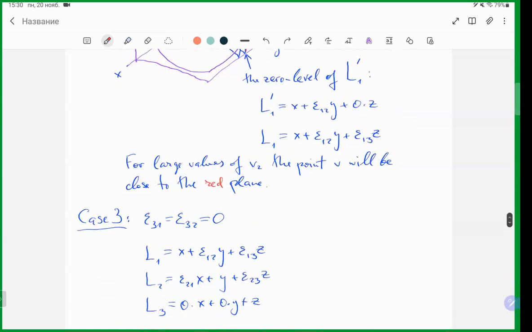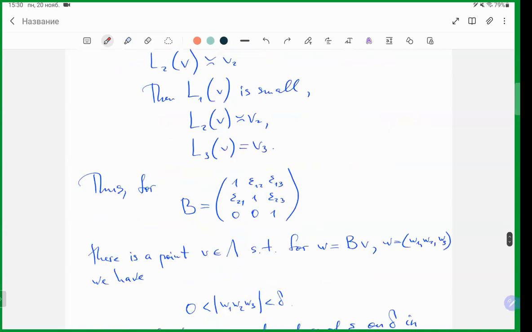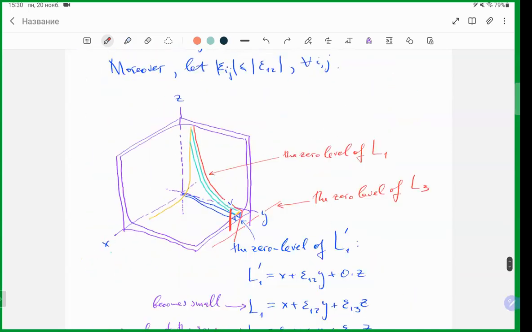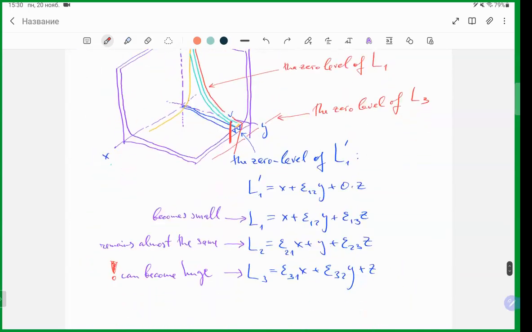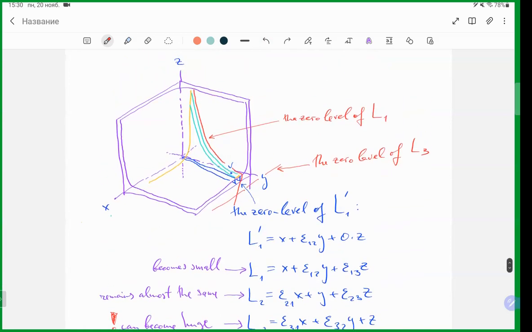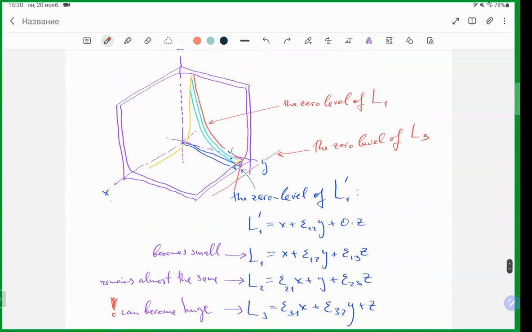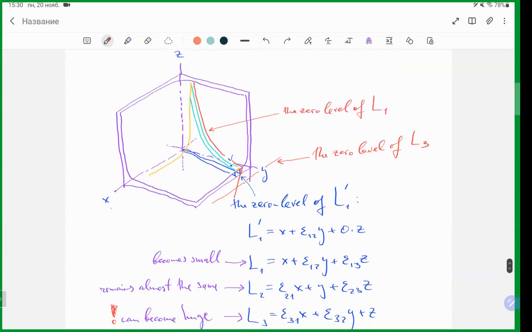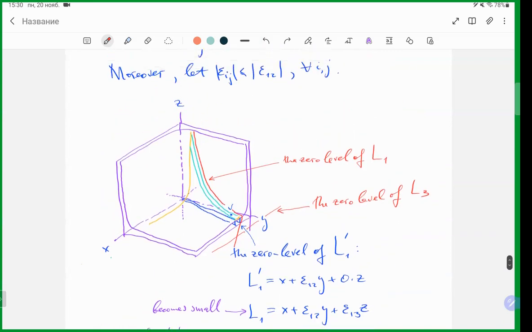But again, this smallness can be neutralized by this huge value of the third linear form, and that is very bad for our purpose. We are not able to prove anything with this assumption, but nevertheless, what do we know?